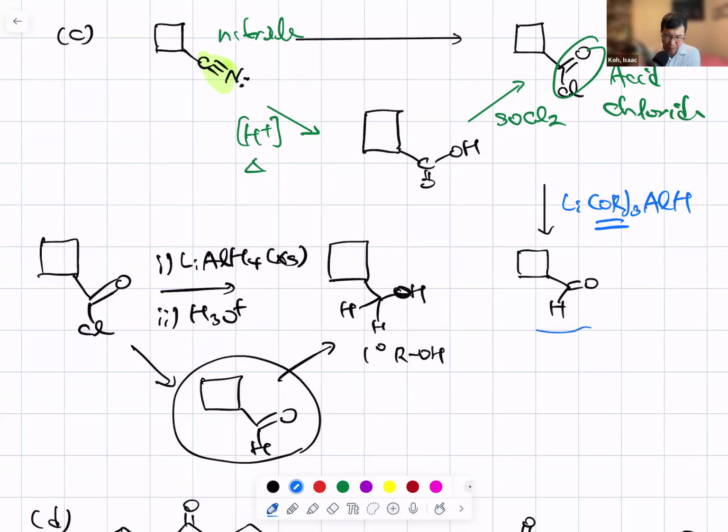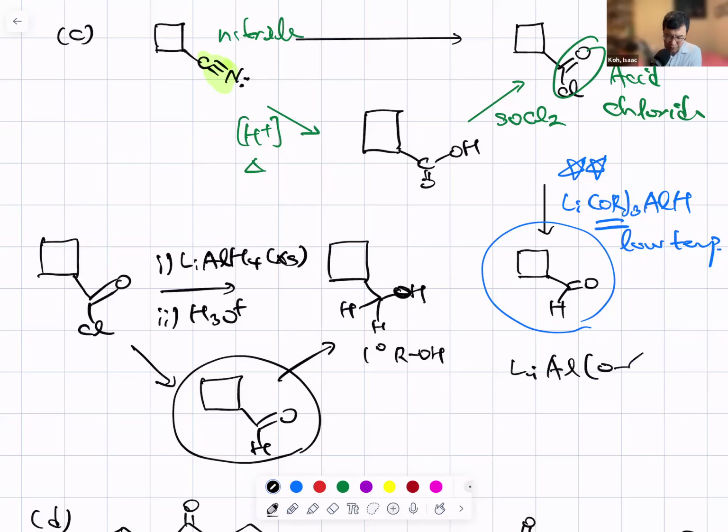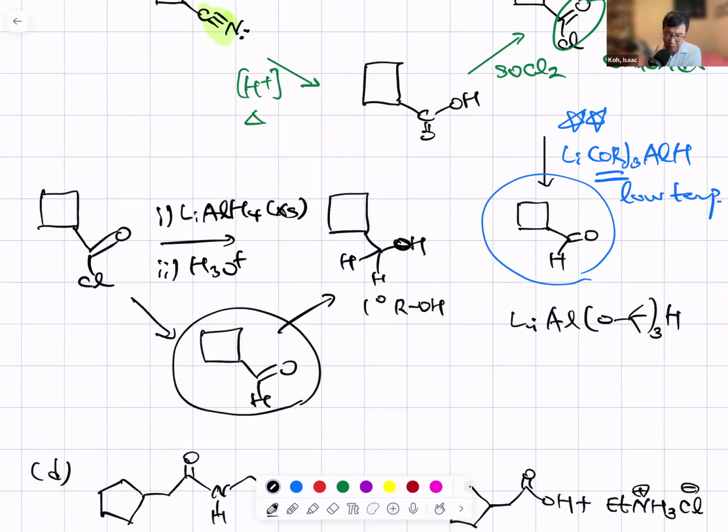It will not move further. And low temperature is important too. It will stop at the aldehyde. Please remember this reagent. Many times we are using lithium aluminum tri-tertiary-butoxy hydride.